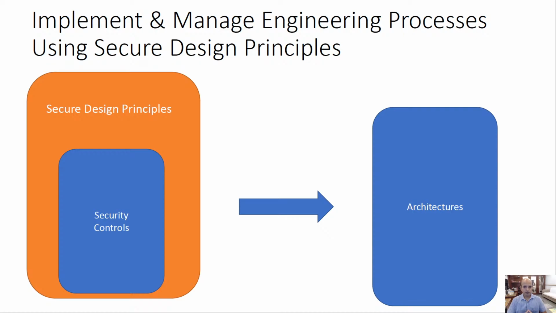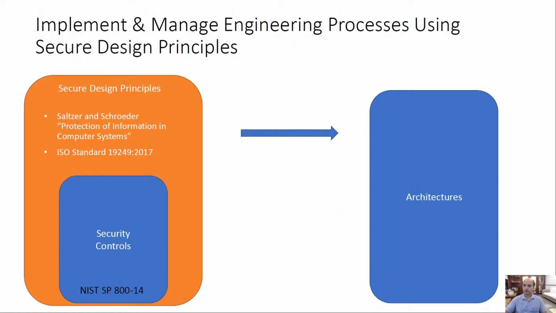So for the CISSP exam, you need to understand two sources of these principles. The first source is the Saltzer and Schroeder paper, which is a paper on the protection of information in computer systems, and the second one is the ISO standard 19249. This standard is a catalog of architecture and design principles for secure products, systems, and applications.